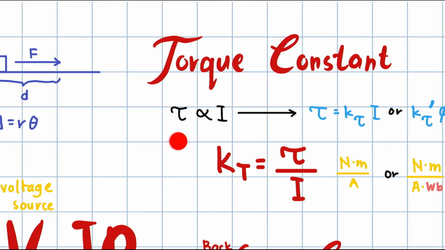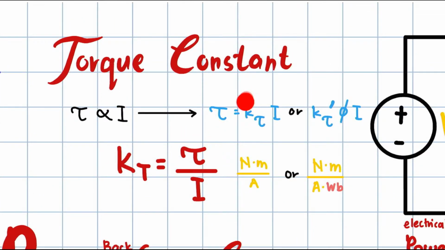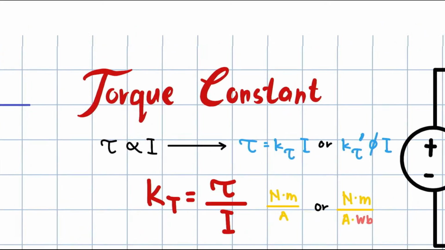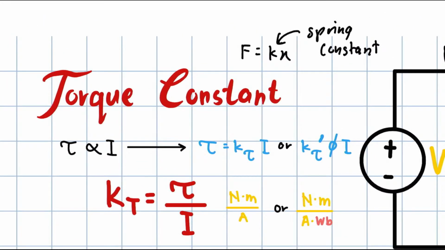Usually you don't know the exact equation for the relationship between torque and current, so what you do is you put a constant, like for force. Usually force equals kx, where k is the spring constant. This is usually found in physics.